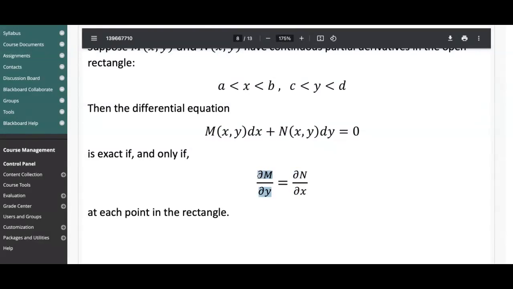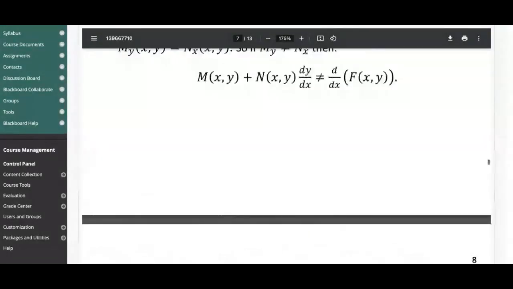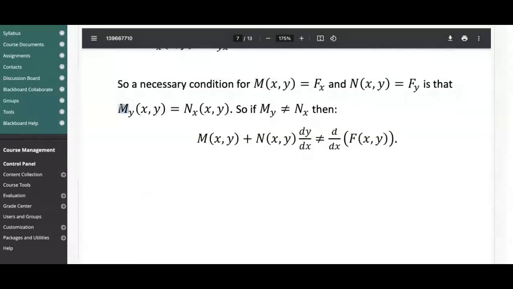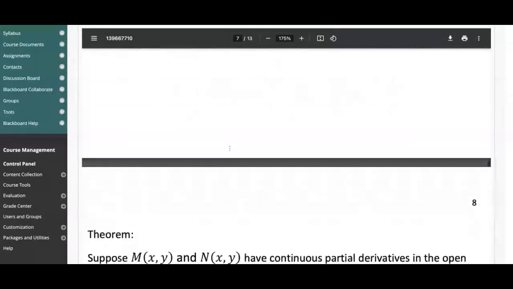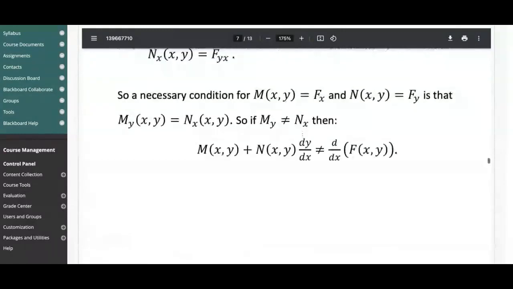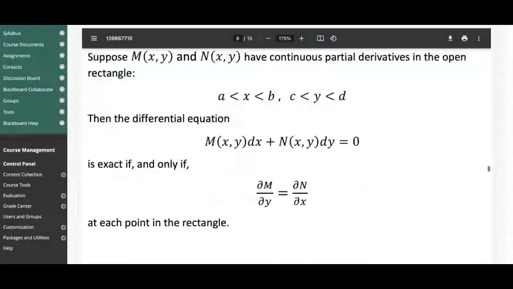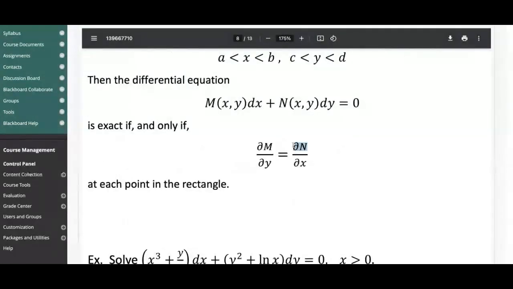So this partial M partial y is the same as M with subscript y, exactly partial M partial y. And N with subscript x, in this context, is partial N partial x.